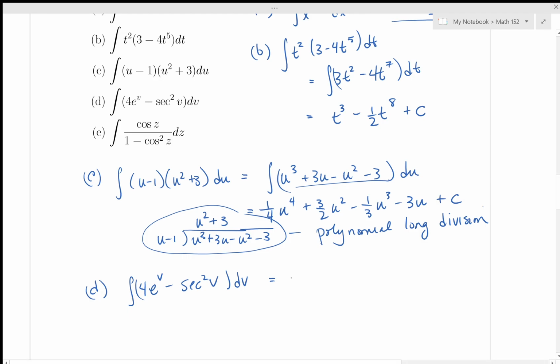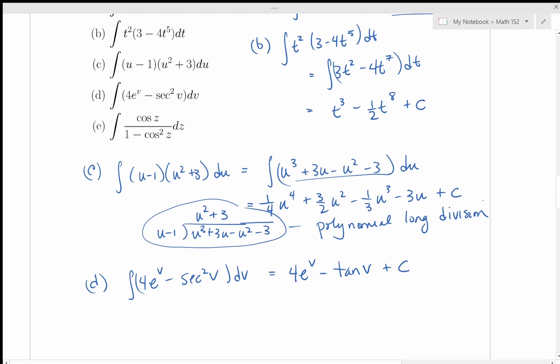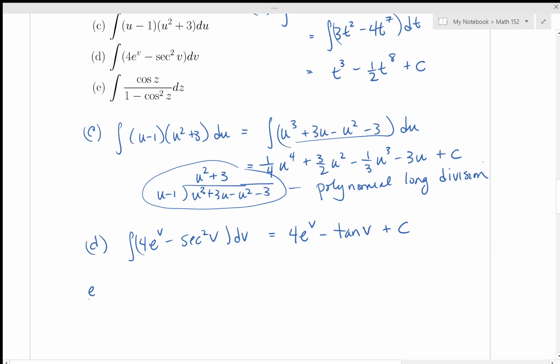Well, that is simply 4e to the v. And then what function gives me derivative secant squared? That is the tangent. If that hadn't occurred to you, you're looking back at that other list, reminding yourselves of the derivatives of the trigonometric functions, and then I have the constant.